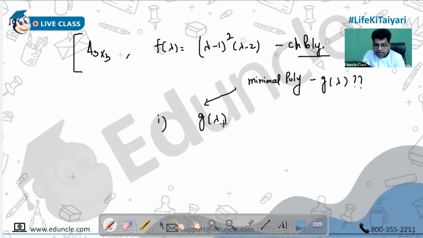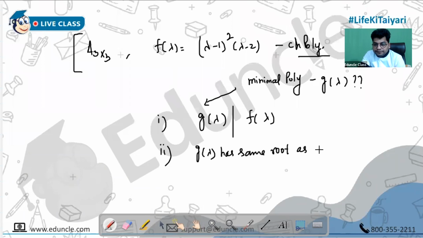Number 1, g lambda divides f lambda. Am I clear? The minimal polynomial is a polynomial which divides the characteristic polynomial. Number 2, g lambda has the same roots as the characteristic polynomial.